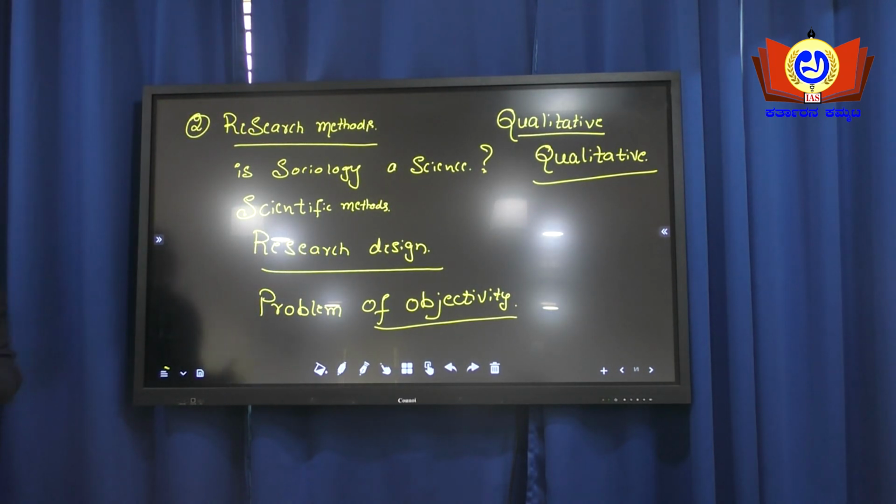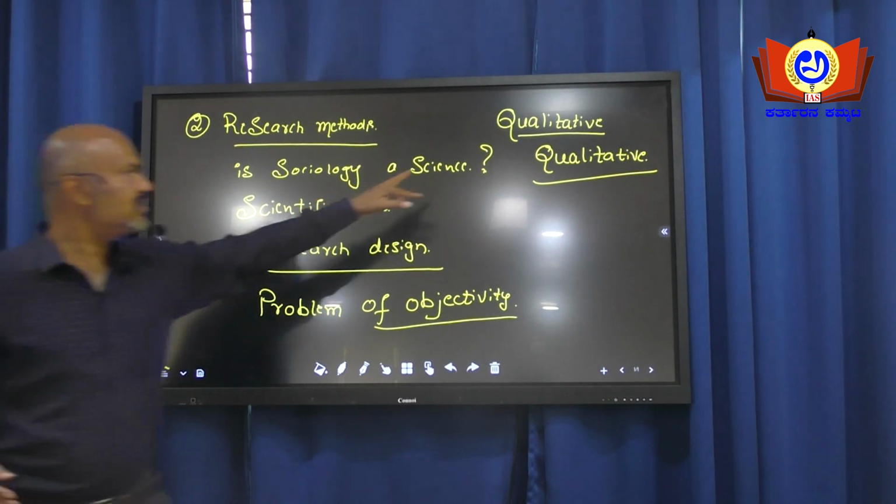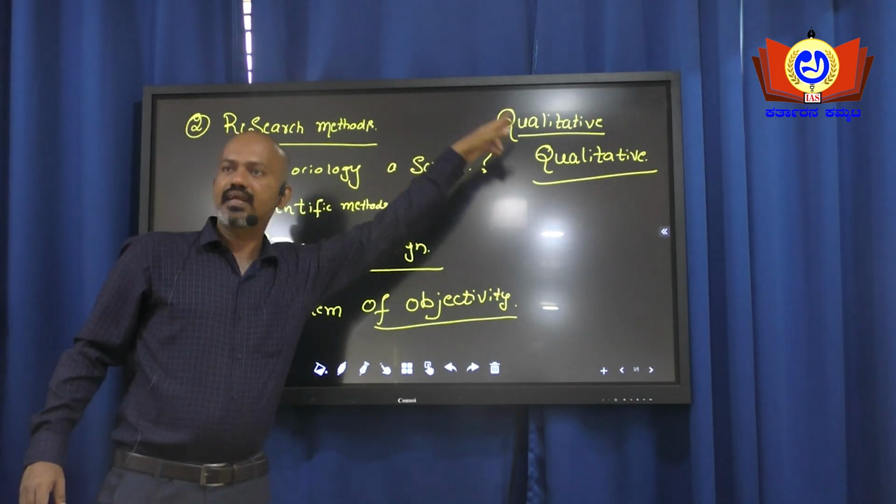What kind of opinion is there on this government policy? What kind of opinion is there on family planning? You have to give that kind of response, yes or no. That is quantitative because you are collecting hard copy data. That is quantity. So those are quantitative techniques in sociology.